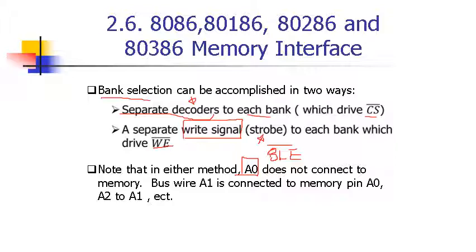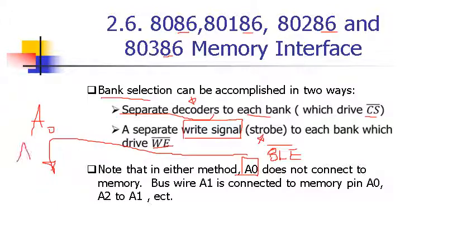So A0 is never connected to the memory. Dealing with the 86 series, you don't use A0 as the least significant address bit.